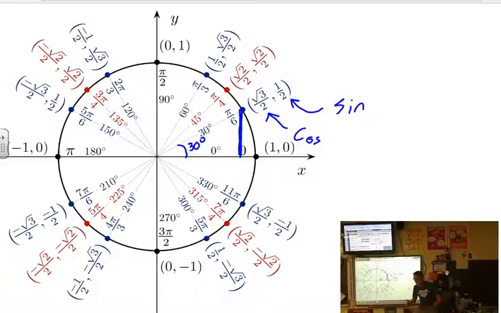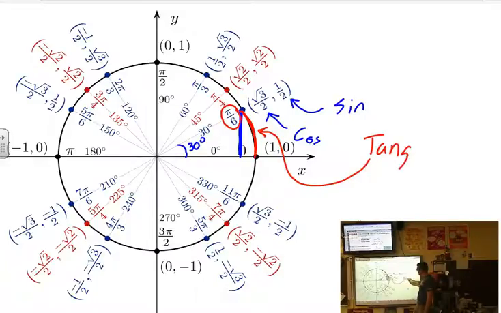Your tangent, and this is why for 90 degrees it doesn't know what to do. This arc length, which is notated right here, that is your tangent.